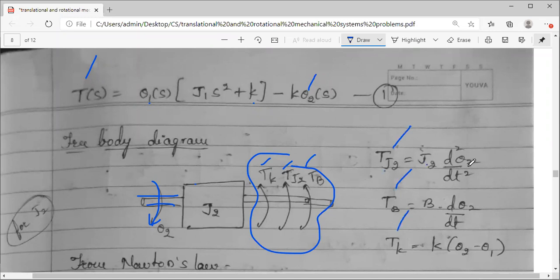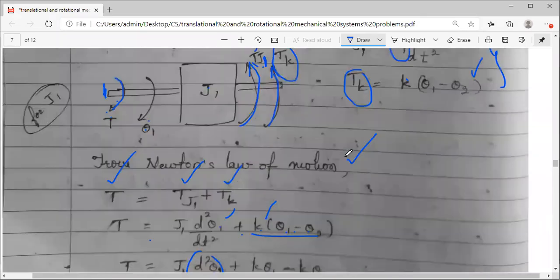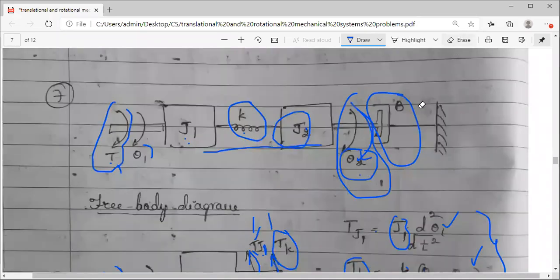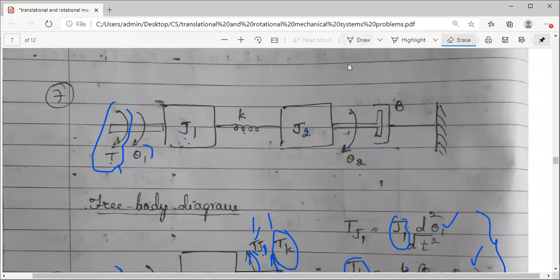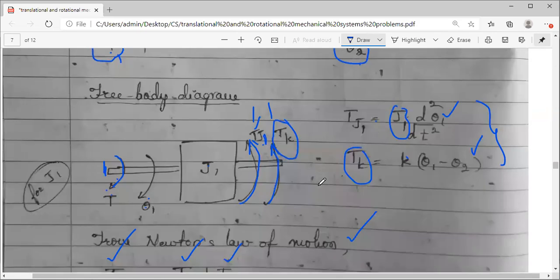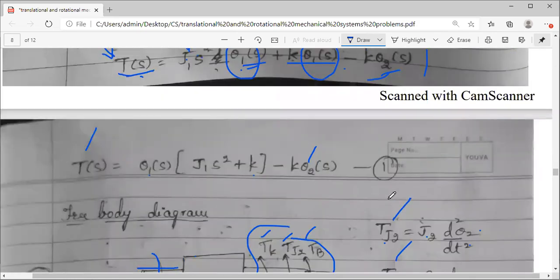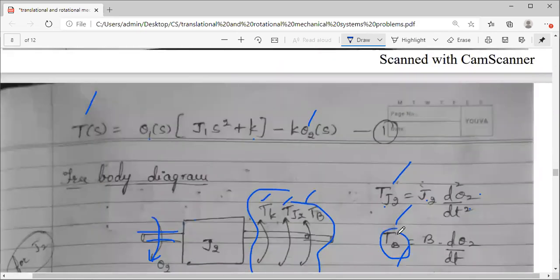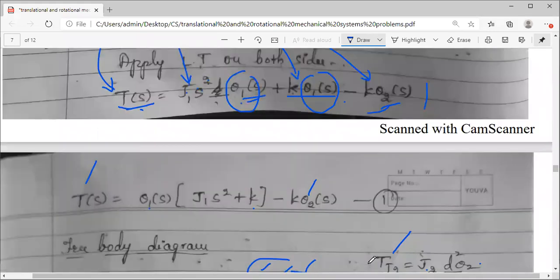J is there, so it will be J2 d square by dt square of theta 2. Why is it theta 2? Check the figure. J is having theta 2 displacement. Then TB, you can see B into d by dt of theta 2. Why only theta 2?